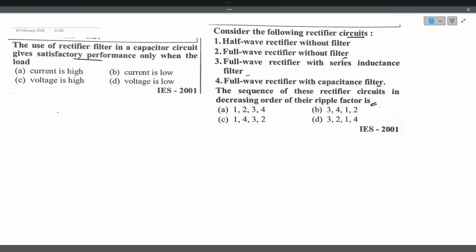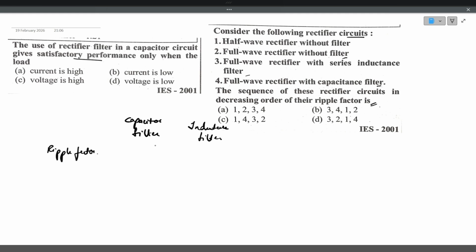We'll see the filters. We have two types of basic filters. One is the capacitor filter. The other one is the inductance filter, also called the series inductance filter. We'll just see the comparison of these two filters. First, coming to the ripple factor of these two filters.